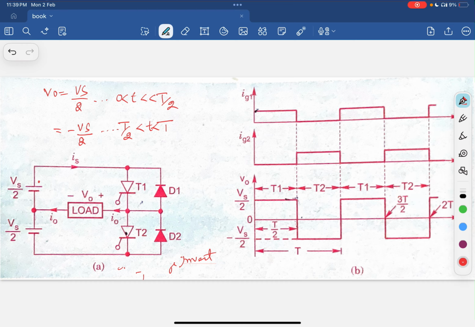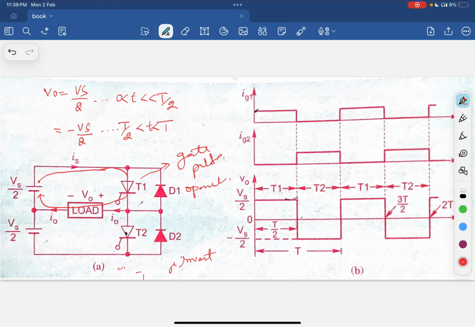Vs by 2 is the supply voltage, and it starts flowing. To the thyristor T1 we have given the gate pulse, so it starts conducting. The current flows through here, then goes to the load and comes back through the return path. Here the diode acts like an open circuit. Why?